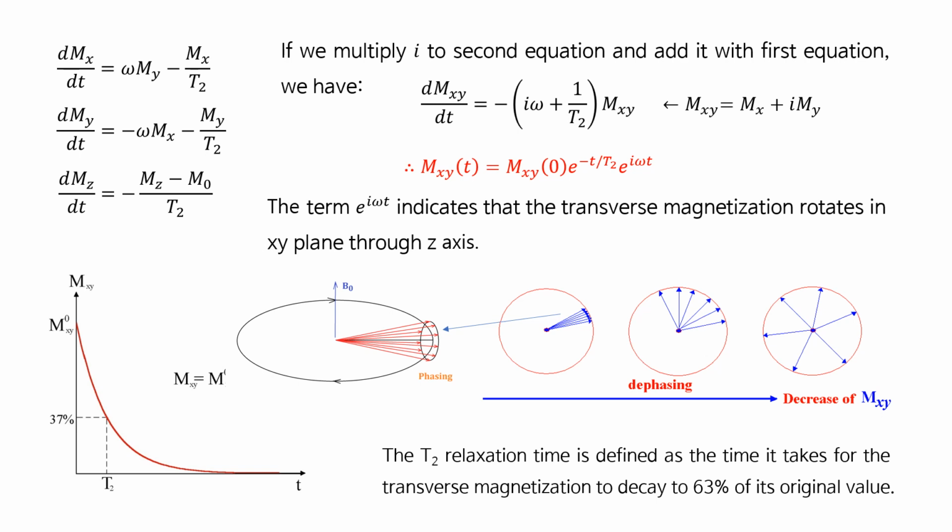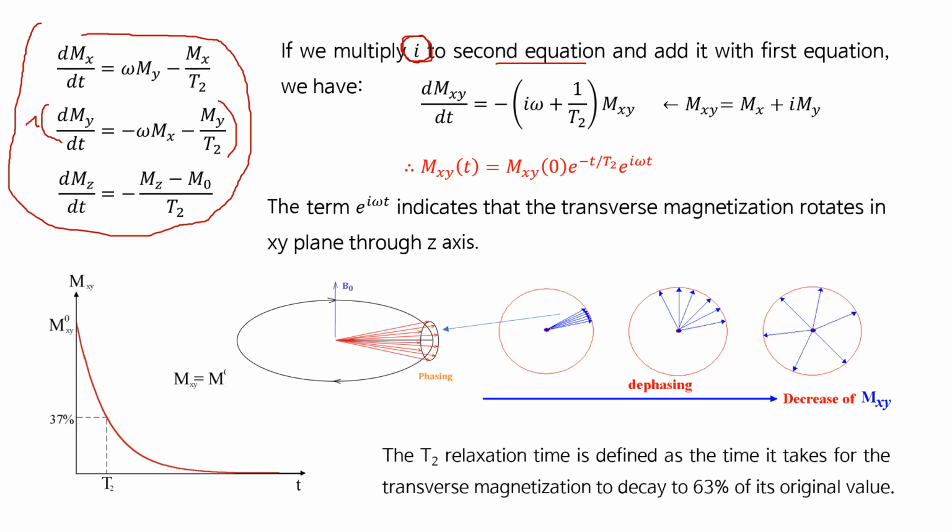Now let's see the T2 relaxation time. This is an abbreviation. If we multiply i, that's the complex number, to the second equation and add it to the first equation, we have this equation, and Mxy is defined by this.